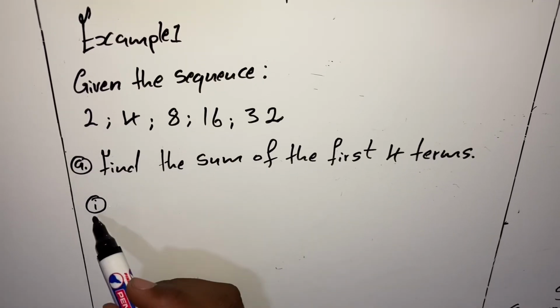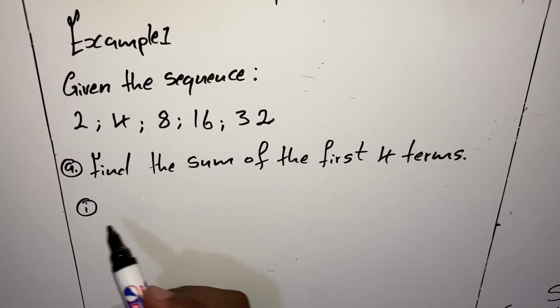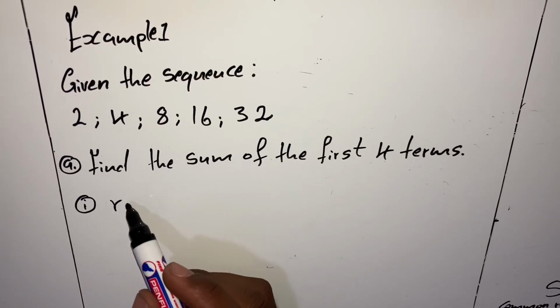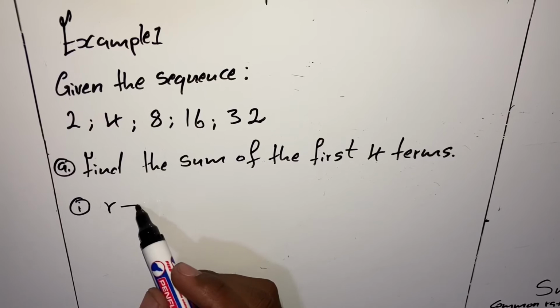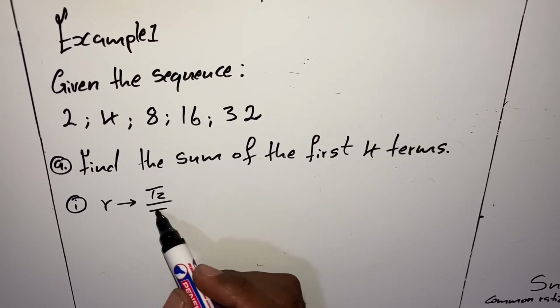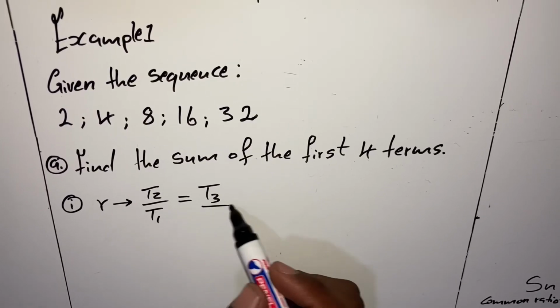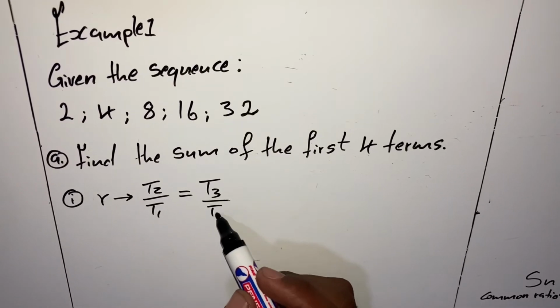So Roman figure 1, I will go on to find R, our common ratio, using the formula T2 divided by T1 is equal to T3 divided by T2.